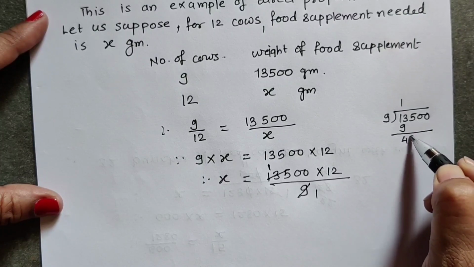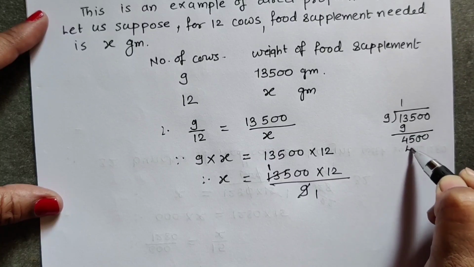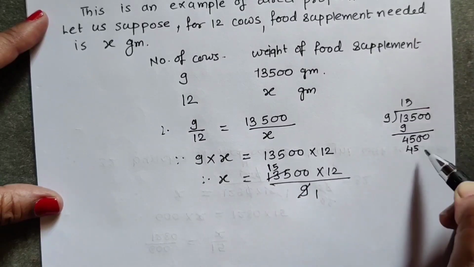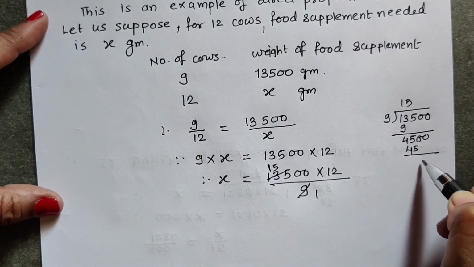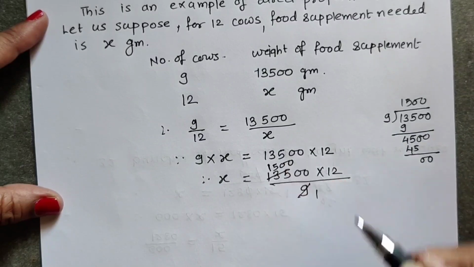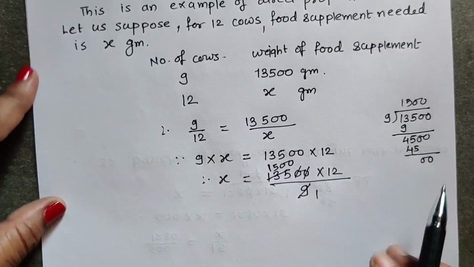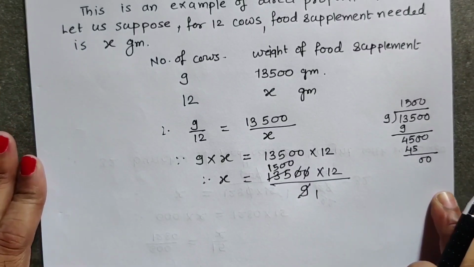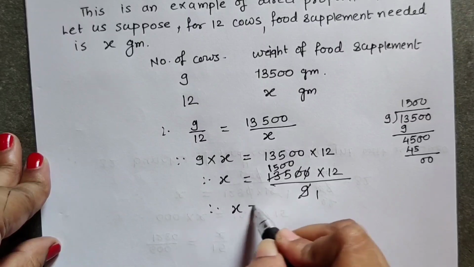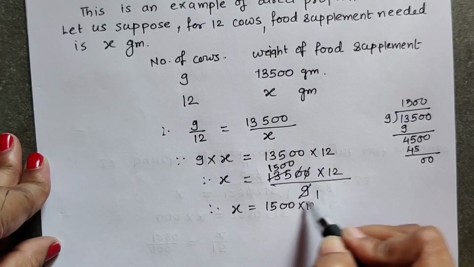Then 9 fives are 45. And then these 2 zeros are remaining. So 9 zeros are 0 and 9 zeros are 0. In this way we can cancel here directly, or if you want you can do it by division method. Now we are getting x is equal to 1500 multiplied by 12 because this 9 is totally cancelled.